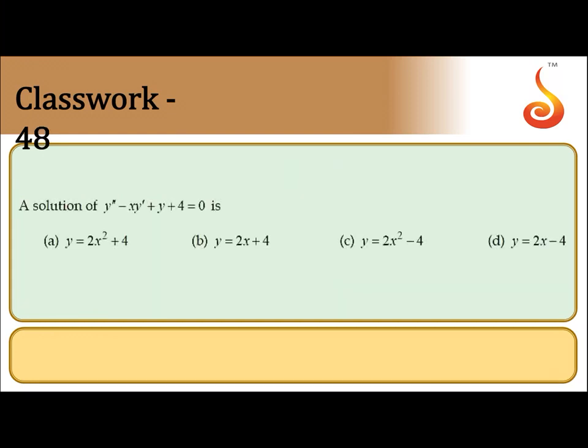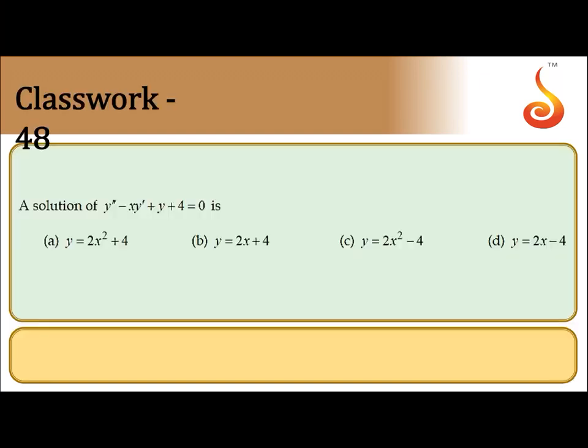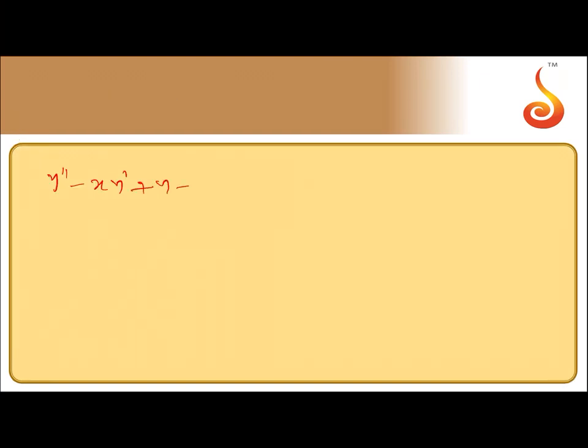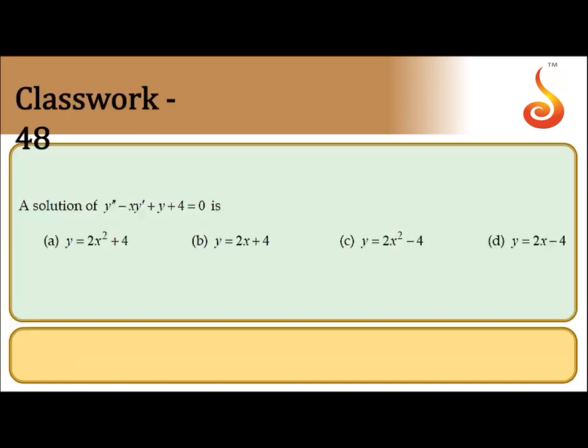Coming to the next one, y double dash minus xy dash plus y plus 4 is equal to 0. I think a verification can be done. Y double dash minus xy dash plus y plus 4 has to be 0.